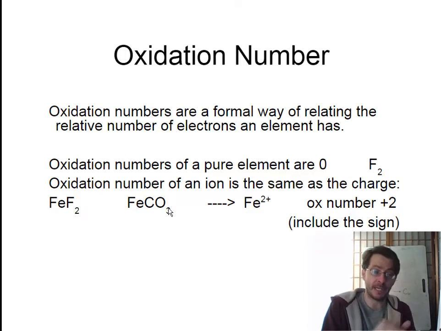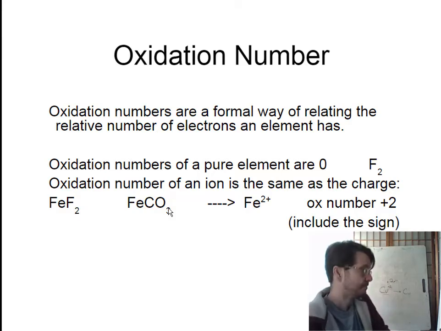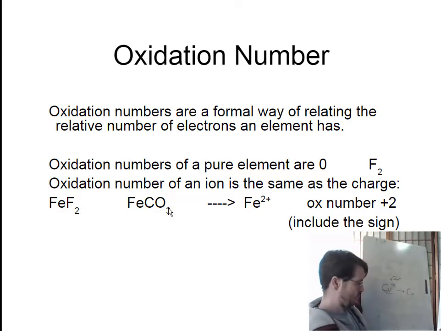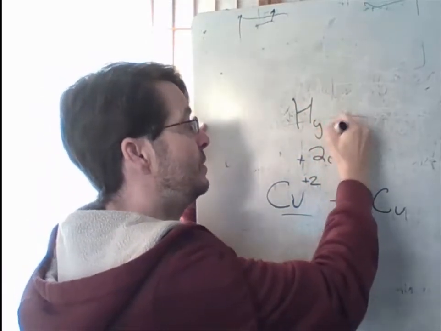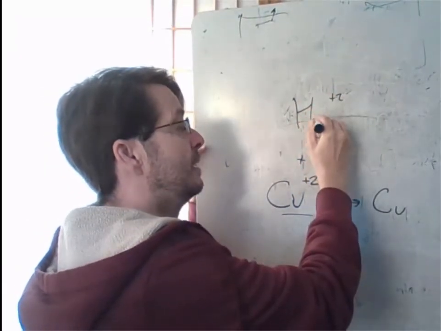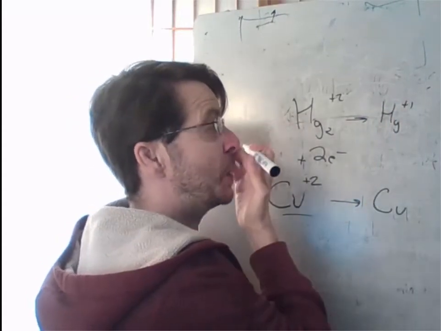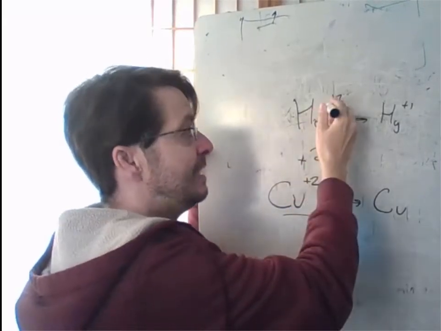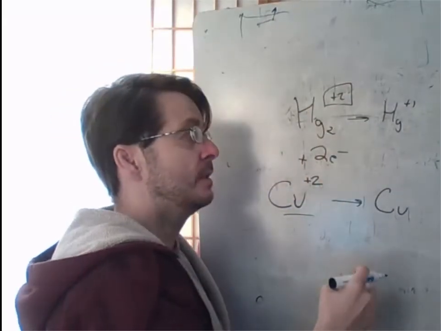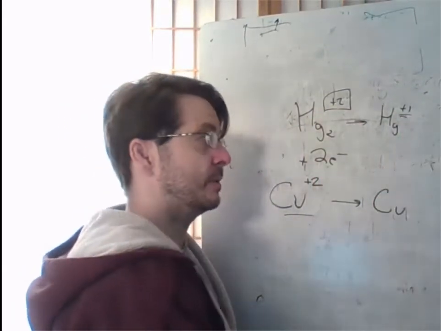Charge of a monoatomic ion and oxidation number of a monoatomic ion are the same. Let's harken back to one of our exotic ions. Remember mercury 1 cation, Hg2 +2. All right. Each of those mercuries had a +1 charge, so the oxidation number of each of those mercuries would be +1, even though the total charge is +2. And the reason for this is it's not the charge, it's the oxidation number.